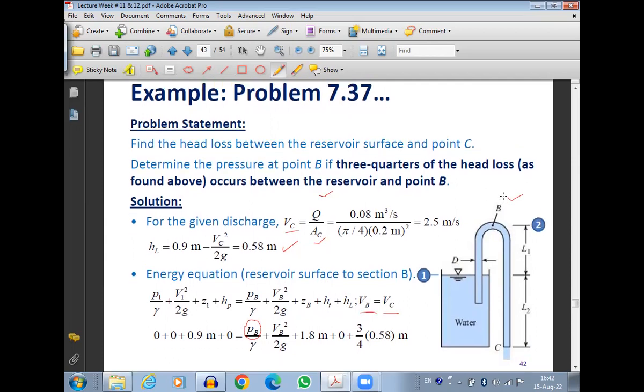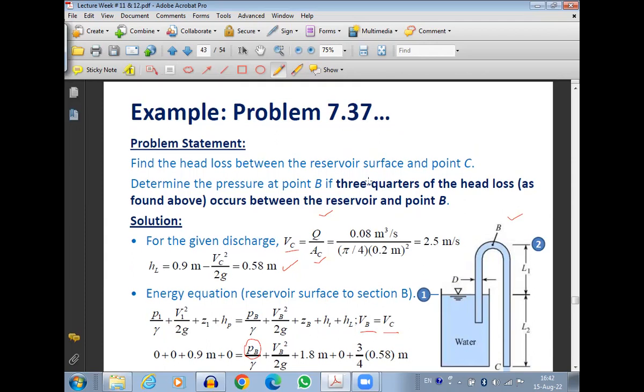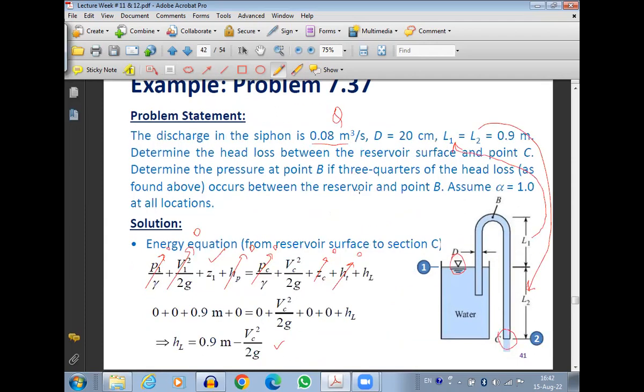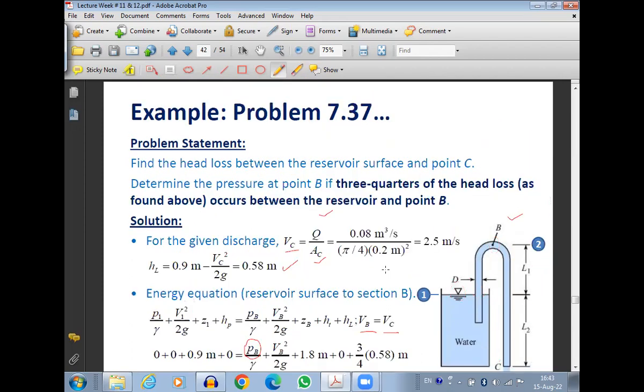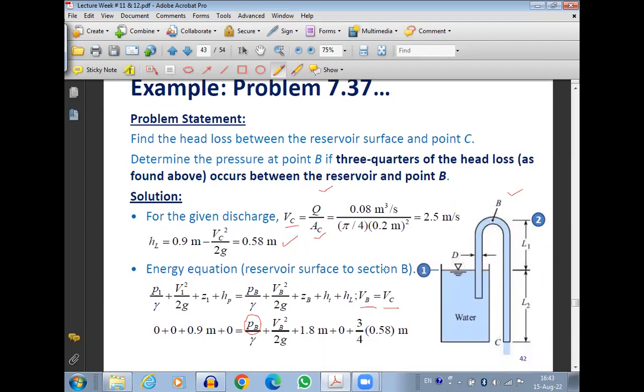So this is the solution to this problem. If there is anything within this solution which is not clear, you see here it was mentioned that 3/4 of the head loss occurs between the reservoir and point B. So from this point to this point, the head loss was 3/4 of the overall head loss. The overall head loss we already determined, so 3/4 of it will be this.